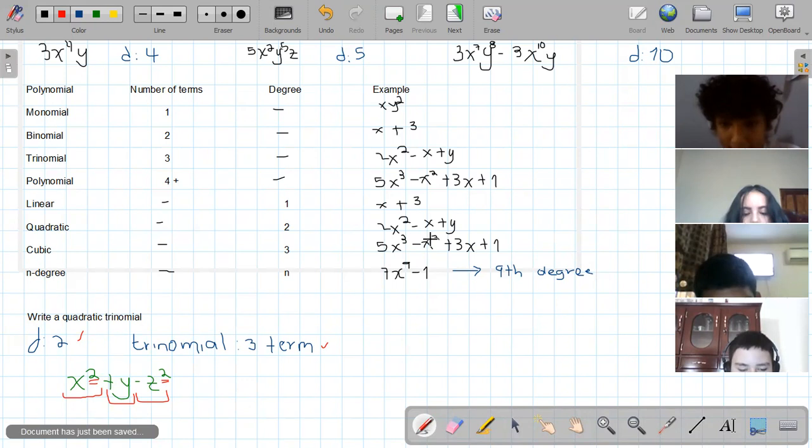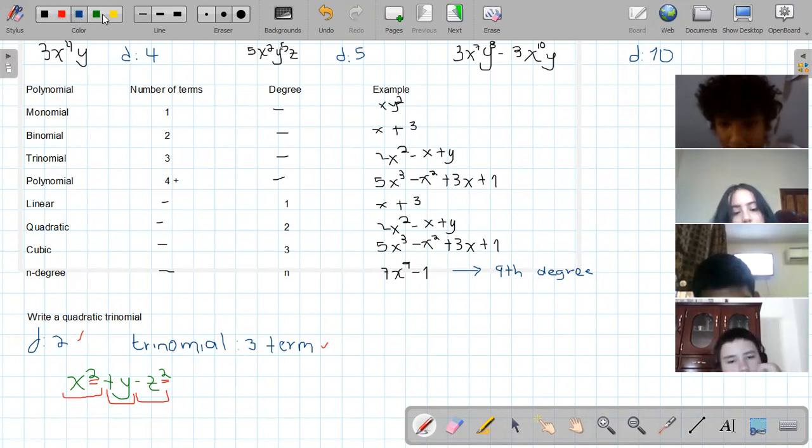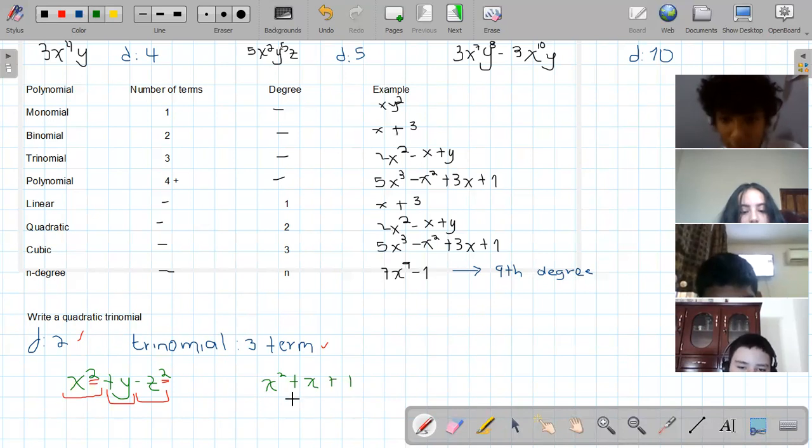So everyone can have a different answer. Maybe Valeria Chong wants to say a degree 2 trinomial. She might say x to the square plus x plus 1. It has 3 terms. X to the square is 1, x is another one, and 1 is the other one.